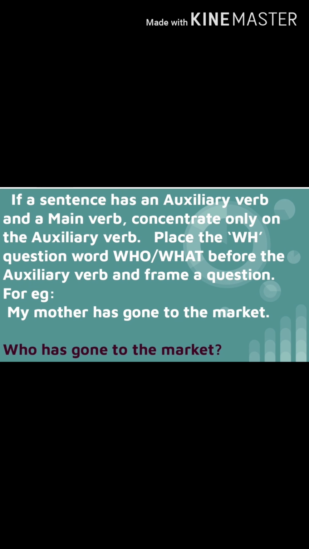But let's concentrate only on the auxiliary verb has. Place the WH question word before the word has and frame a question like this. Who has gone to the market? The answer we get is my mother. Therefore, my mother is the subject and has gone to the market is predicate.